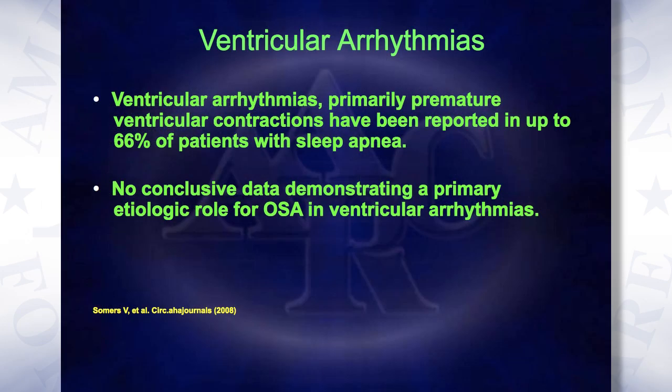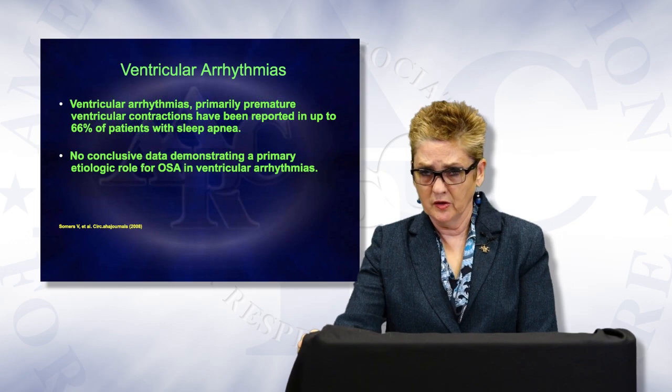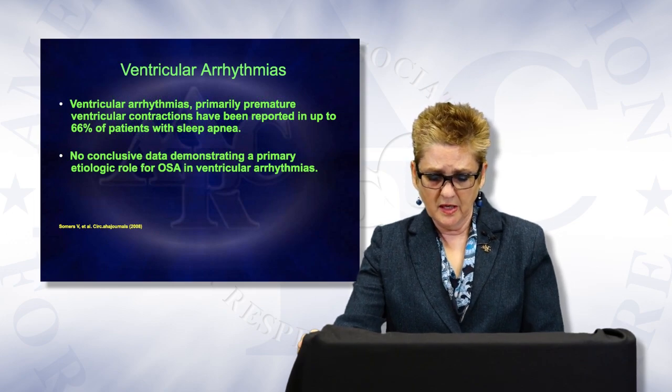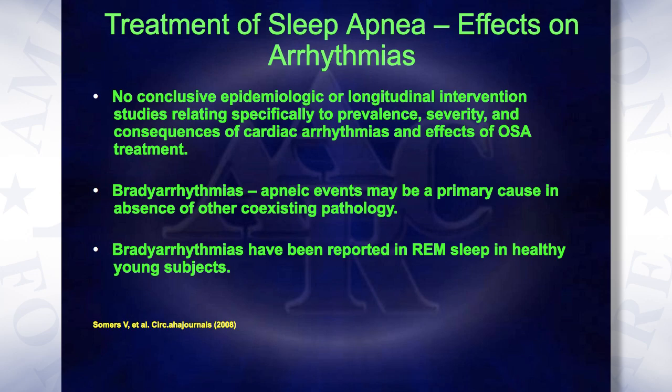On our ventricular arrhythmias, then, we're looking at premature ventricular contractions that have been reported in up to 60% of patients with sleep apnea. There's really no conclusive data demonstrating that this is a primary etiologic role for OSA in the ventricular arrhythmias, but again, it makes sense. When we look at the treatment of sleep apnea with arrhythmias, again, we're not seeing any interventions that would relate specifically to the treatment.